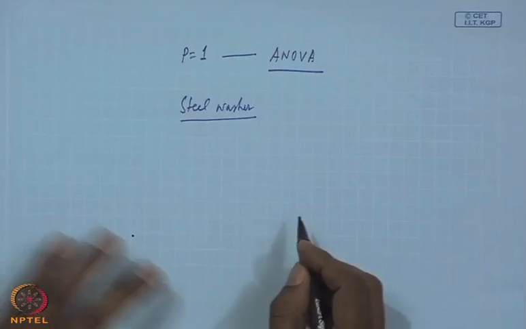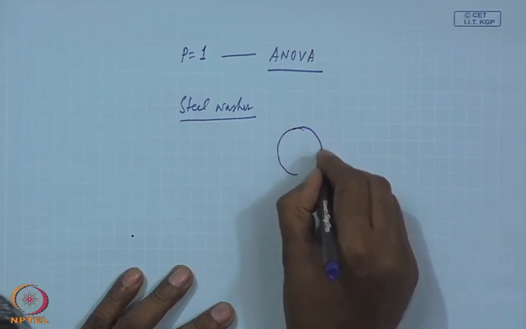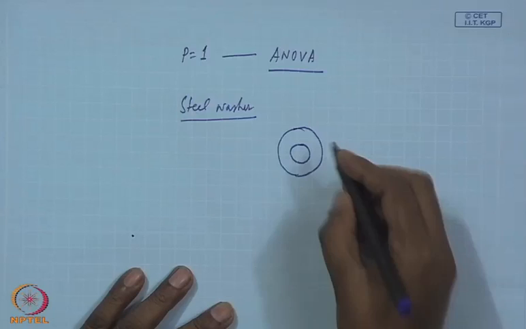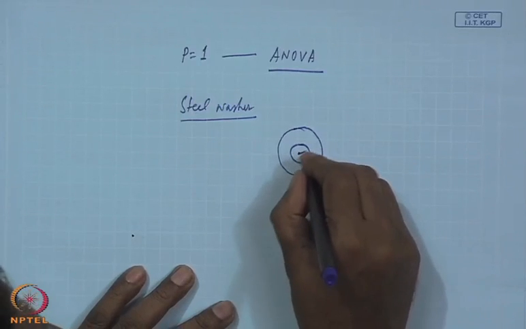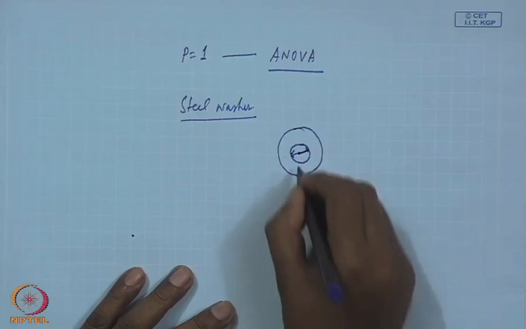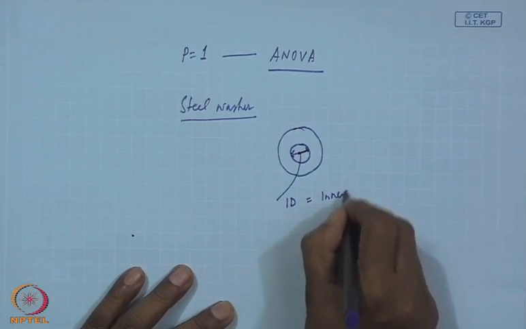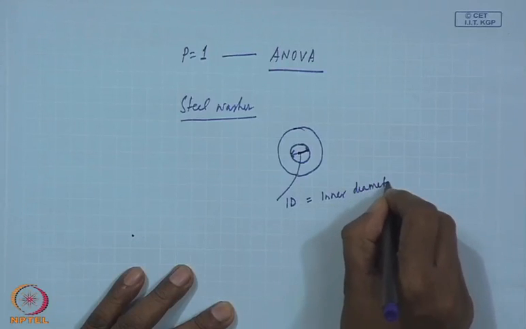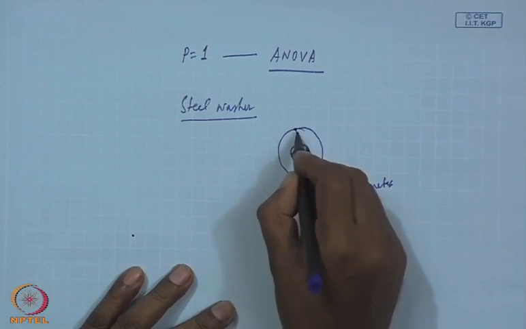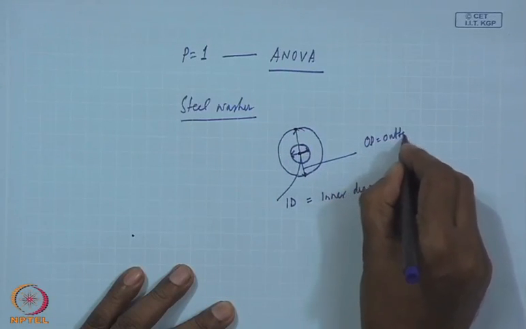The steel washer is the product, which in a two dimensional figure we can see like this. Suppose this is the case, then this part, the inner circle, if we consider, is the ID, inner diameter, and if you consider the outer circle, this will be the OD, which is the outer diameter.